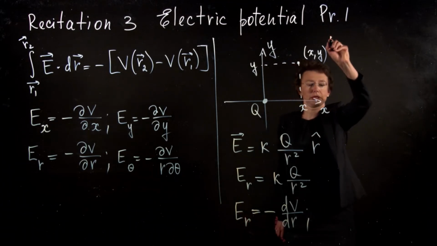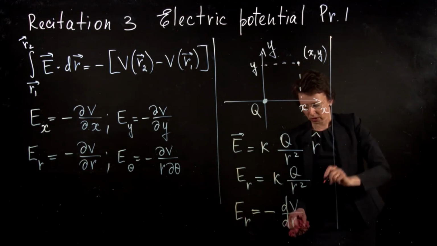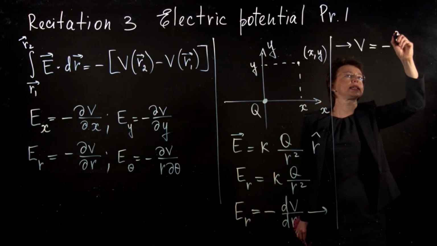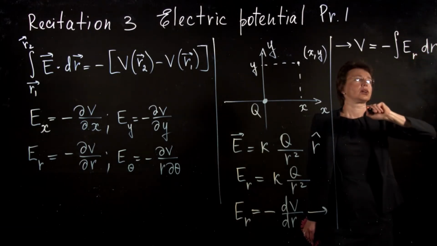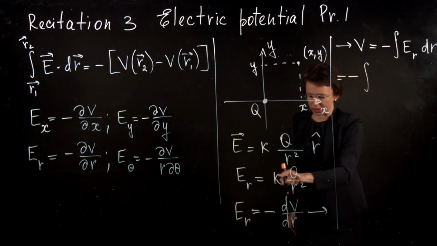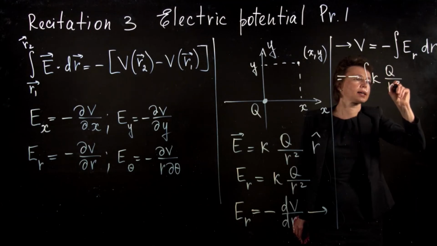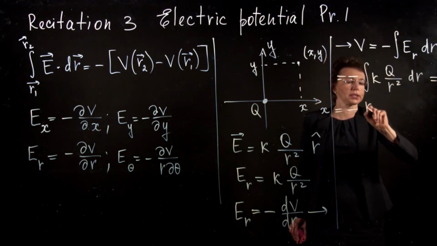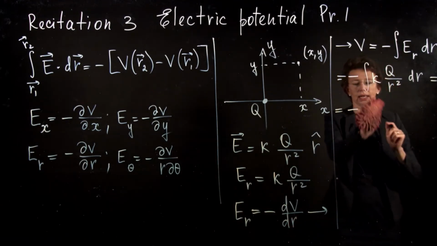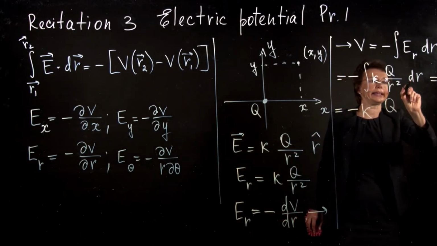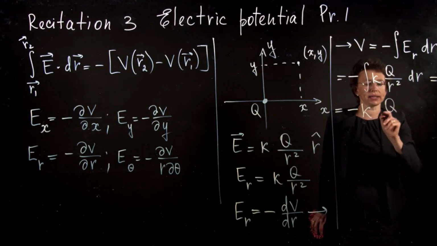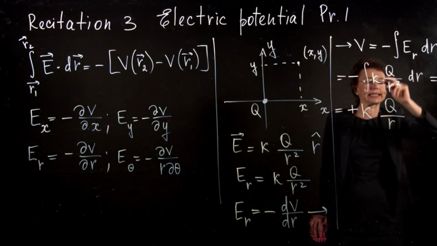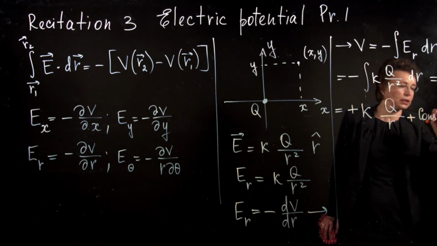V will be minus the integral of Er dr. Now Er is K Q over R squared, so it is minus the integral of K Q over R squared dr. KQ is a constant, and the integral of dr over R squared is minus 1 over R. Minus and minus is plus, so I have KQ over R. This is an indefinite integral, so I need to add a constant.